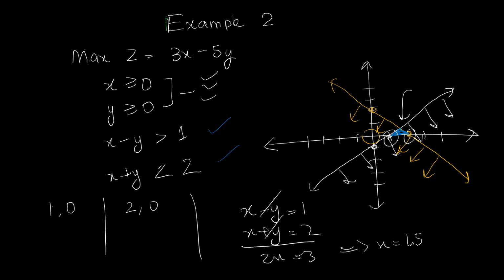Now you can use this value to find y. Since x minus y equals 1 and x is 1.5, y equals 0.5. So we now have this corner point as well: 1.5 comma 0.5.